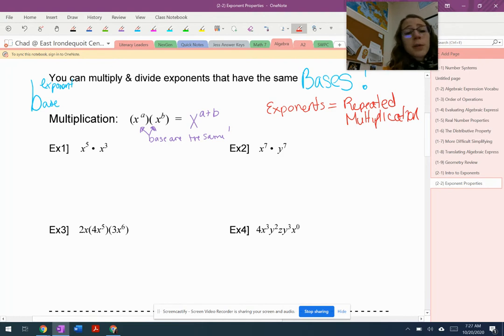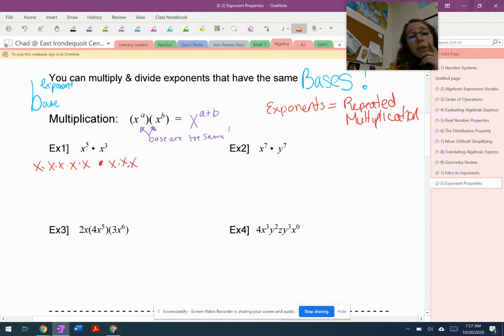So for this first example, x to the 5th would be x times x times x times x times x, times x to the 3rd would be x times x times x.